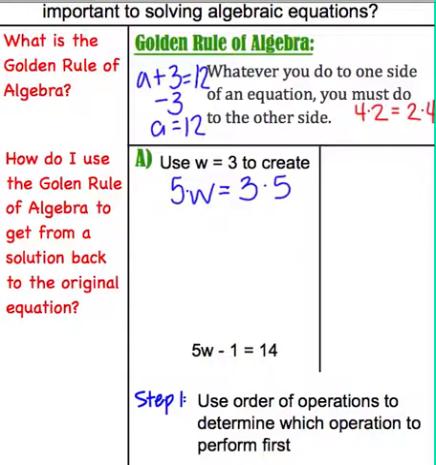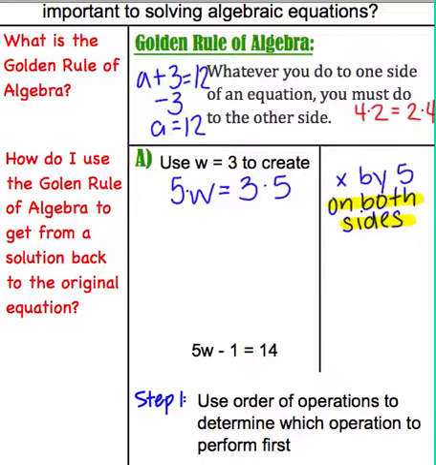One phrase that I want you to get used to saying is "on both sides." If you can remember this phrase, it's going to make your life that much easier when it comes time to go back and solve the equations, which will be our next step.